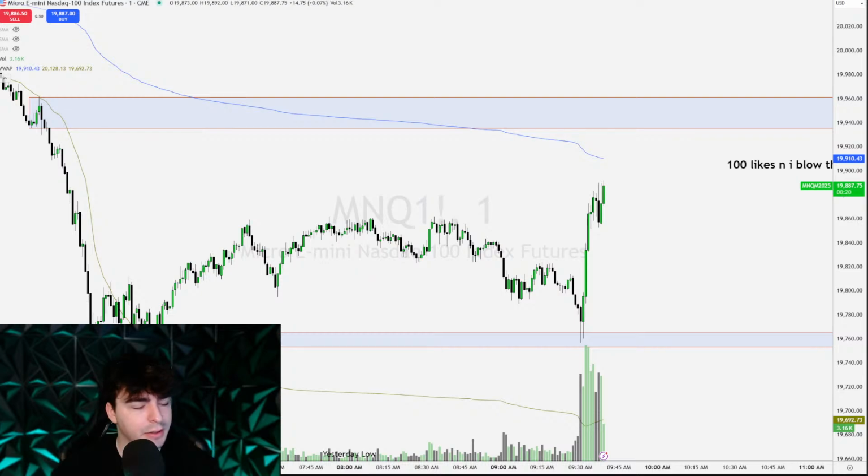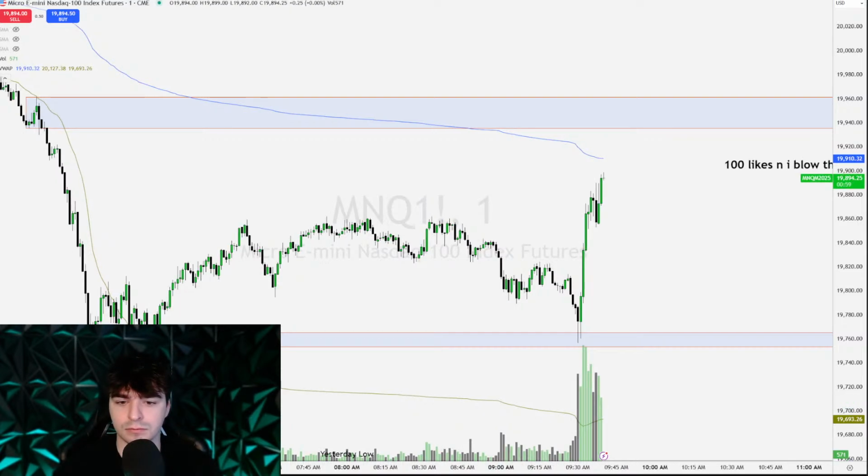All right, NASDAQ moving higher. That's what we want. Almost to the VWAP.